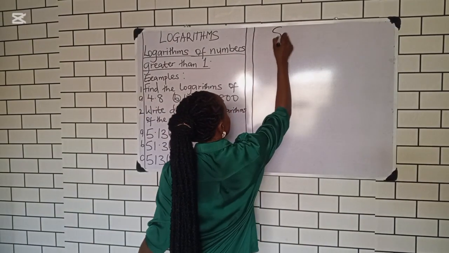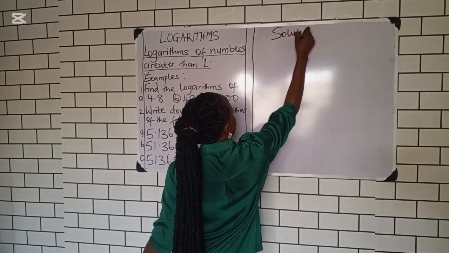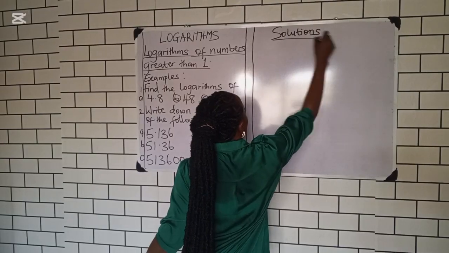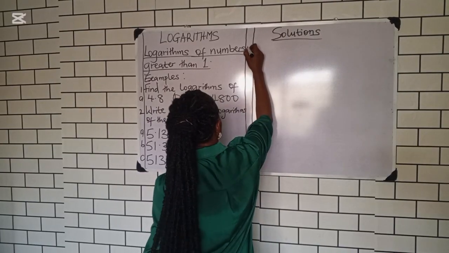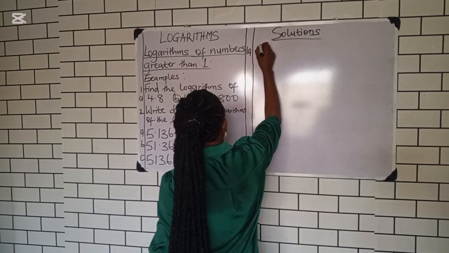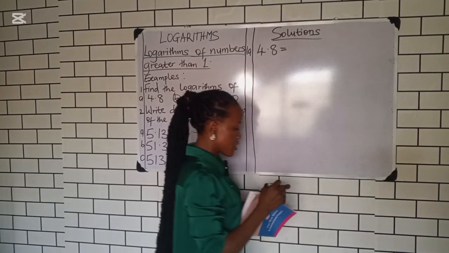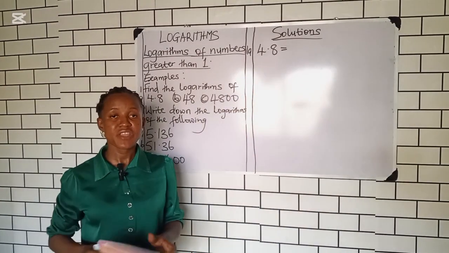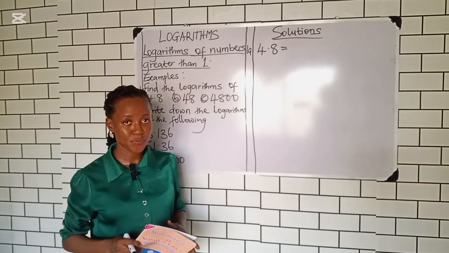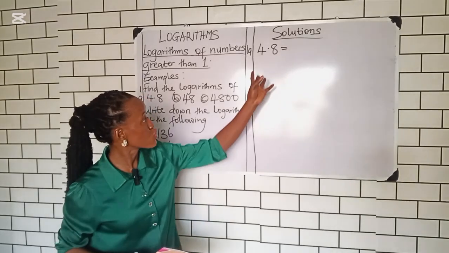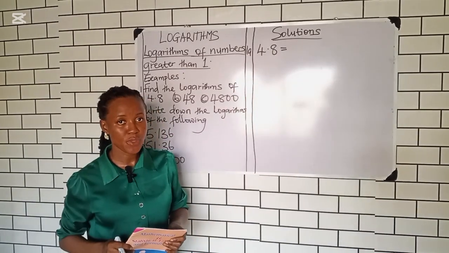Solutions. Number 1A, we are given 4.8 is equals to. Now, I've already made a video under standard form, because before you can solve this, you have to know standard form. Why?